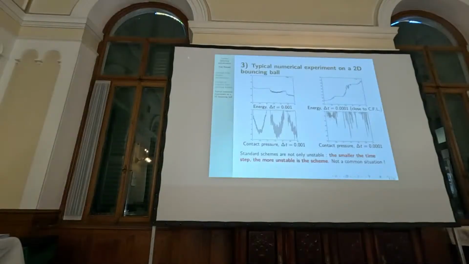Here, when the time step is greater than the CFL condition for the equivalent explicit scheme, with a large time step, you have something which is more or less regular and more or less dissipated. But you have some spurious oscillations which appear, and it is difficult to see if it is normal or not, because in this ball there is a dispersion of shock waves inside.